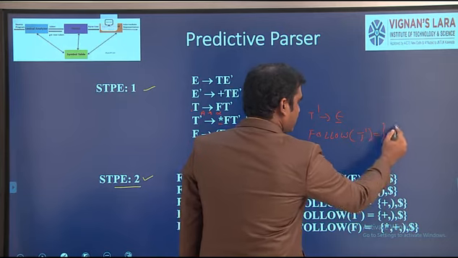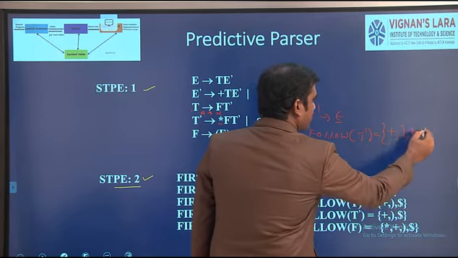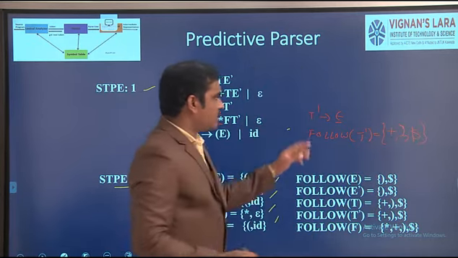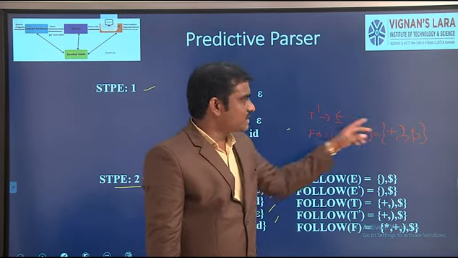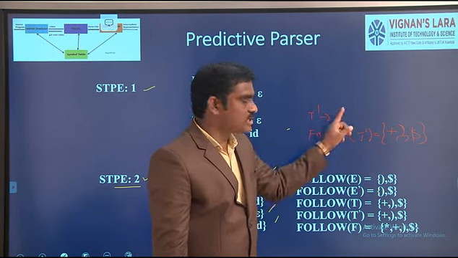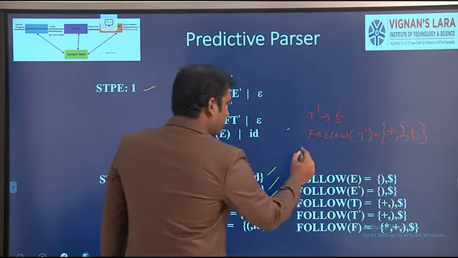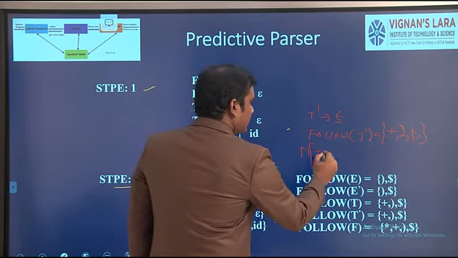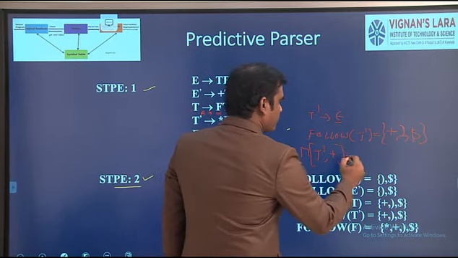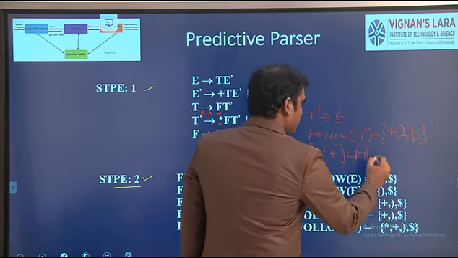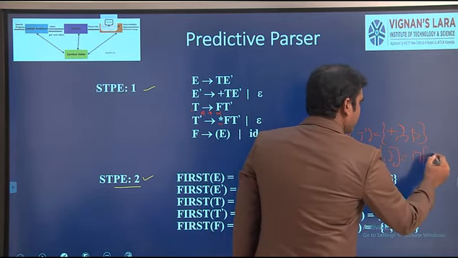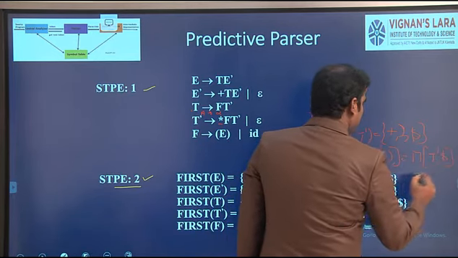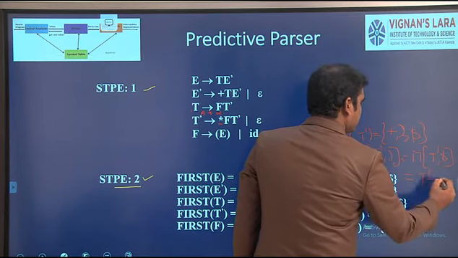The follow of T dash is plus, closed parenthesis and dollar. So T dash comma plus, T dash comma closed parenthesis and T dash comma dollar are filled with T dash to epsilon.